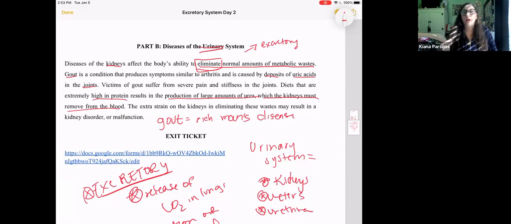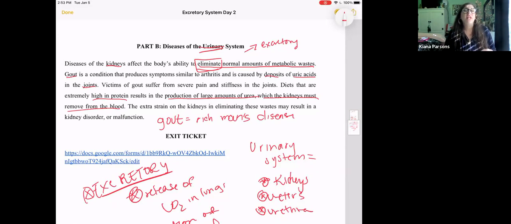Some of that is filtered out by the liver, but when you get gout, that means it has continued to make it into your blood because you eat so much of it, it can't all be filtered out in the digestive system. And eventually, those excess amino acids can't be released.